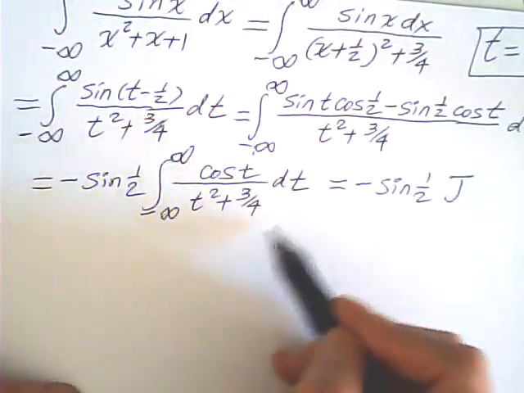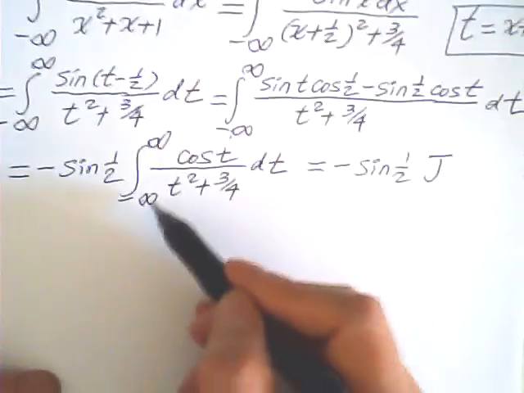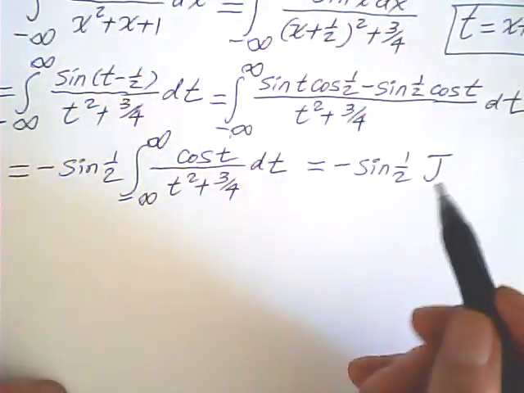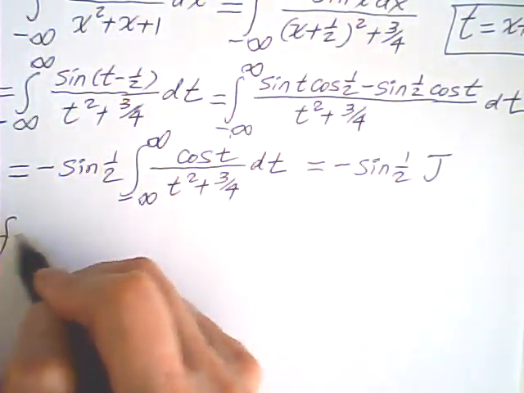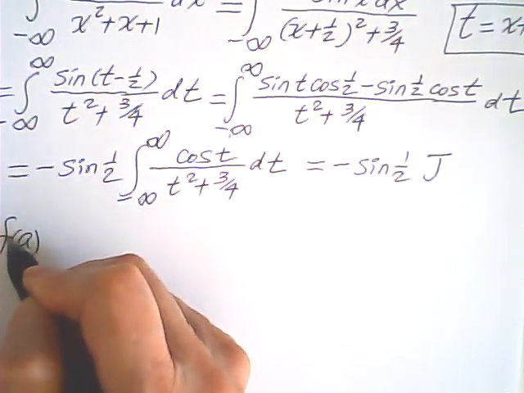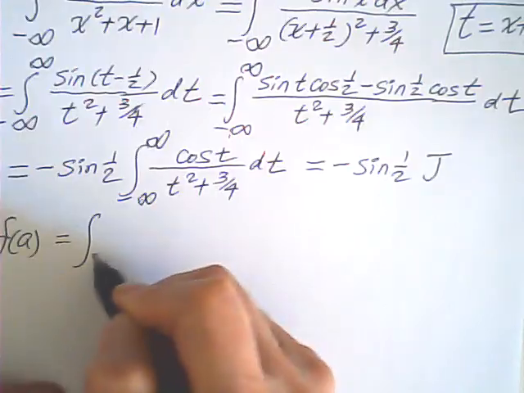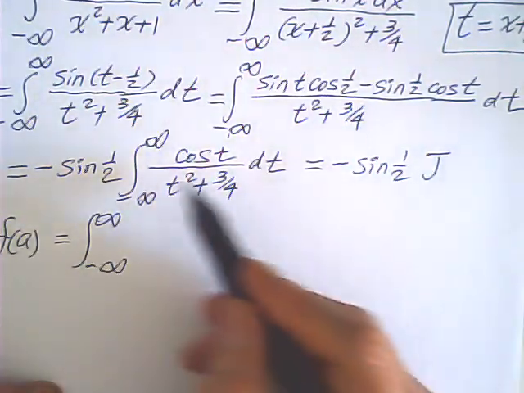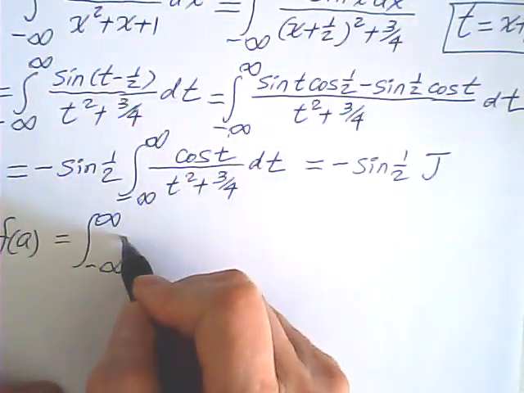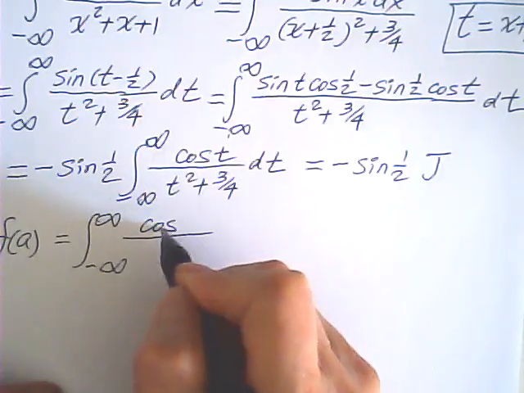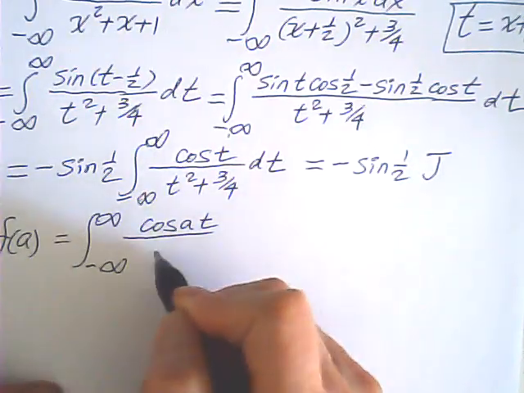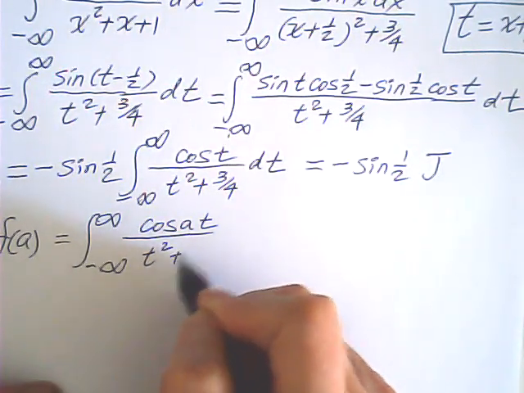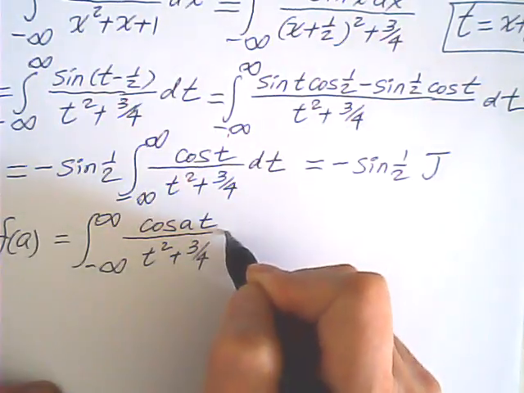Now, to do this integral, I'm using Feynman's technique. So I introduce a function f of a equal to the integral of cosine at over t squared plus 3/4 dt.